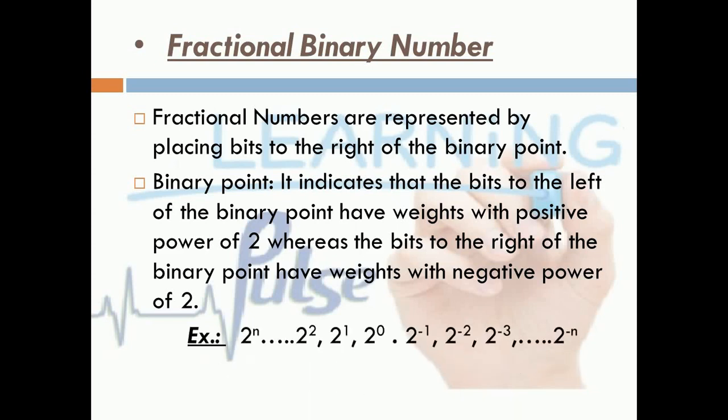Here we have an example for you. As you can see here, this is the binary point and the weights to the left of the binary point have the positive powers of 2, whereas the weights to the right of the binary point have the negative powers of 2.